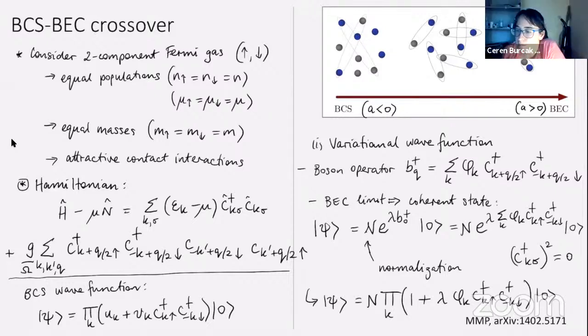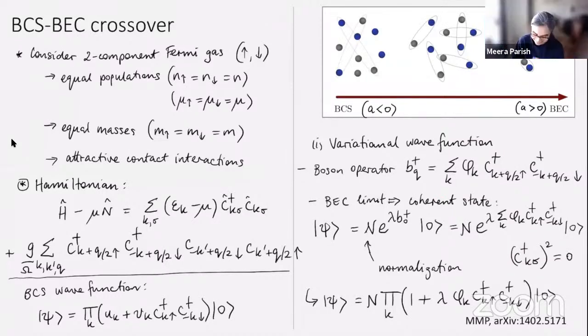Another question is, in writing the Hamiltonian, is there a specific reason why we're not taking spin polarized interaction terms, for example? As I was mentioning earlier, it's because we're considering S-wave scattering only. And in that case, interactions between identical fermions vanish. Okay. Thank you. All right.